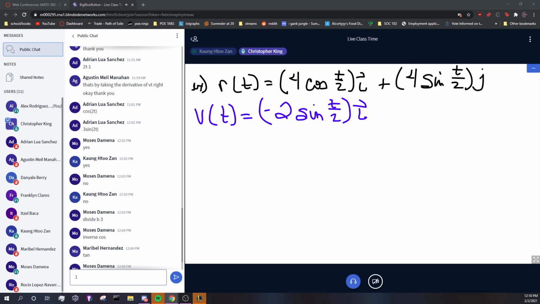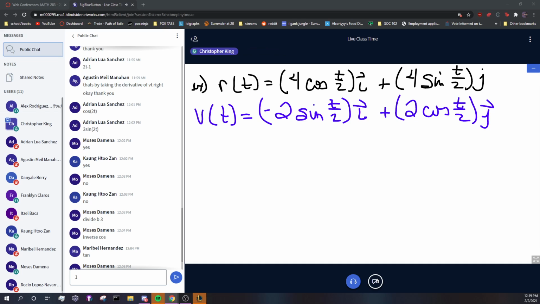Okay. And then plus the second component is going to end up being what? 2 cosine of t over 2 in the j direction. Okay.